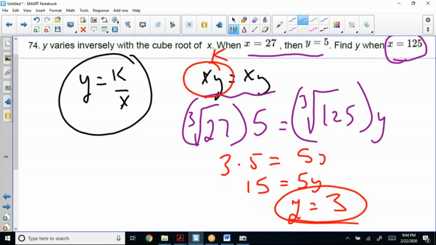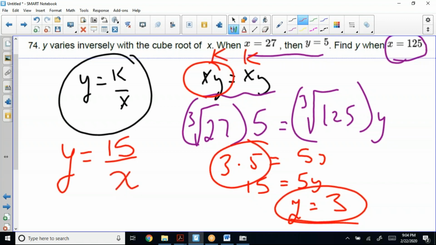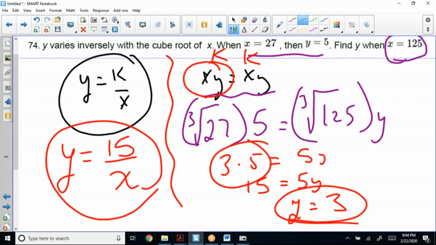Because this is k, so that would be 15 over x, right? There's your k, and 5 times 3 would be 15. So your k's have to be the same, but that would be the equation if they ever asked you that. So you've got both of those that you could look at and make sure you could do. Okay. All right.